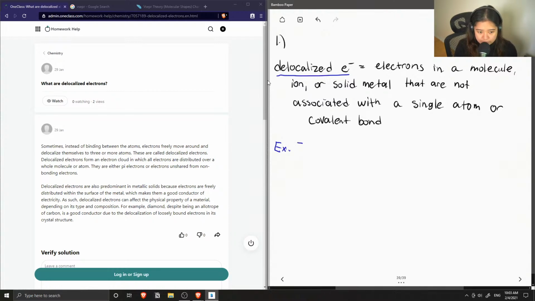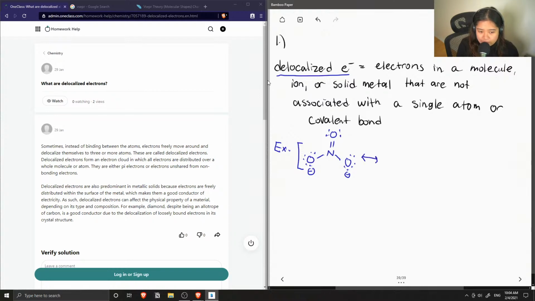So for example, let's say we had different resonance structures, and we had this nitrate ion that has this structure. And we have the two oxygens that are negatively charged. So these oxygens just don't keep the negative charge permanently.